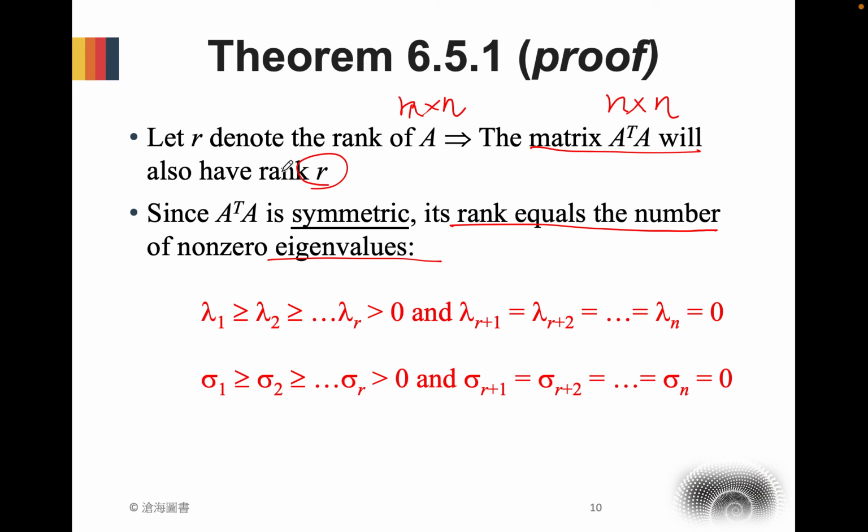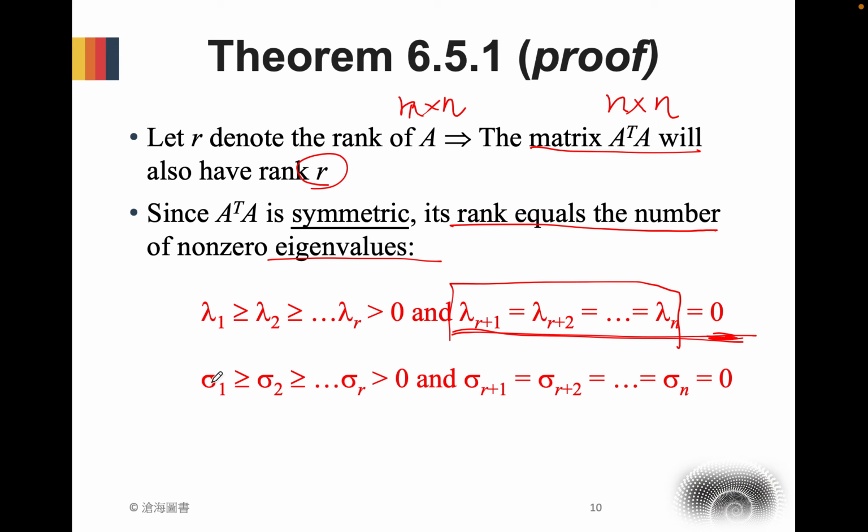Now, because the rank is r, that means lambda 1 is larger than or equal to lambda 2, and so on to lambda r, which is larger than 0. And from lambda r plus 1 to lambda n, they will all be 0. So the last n minus r eigenvalues are zeros.